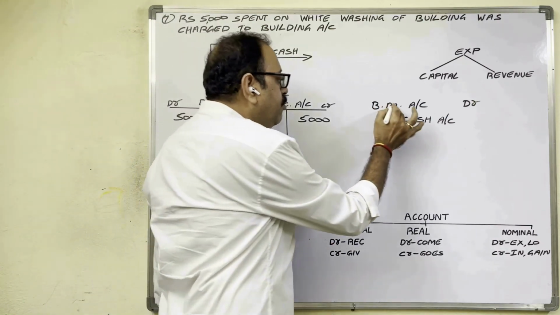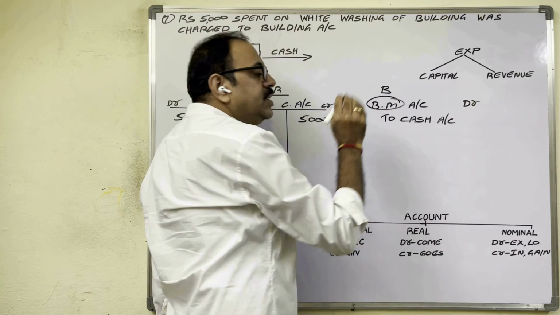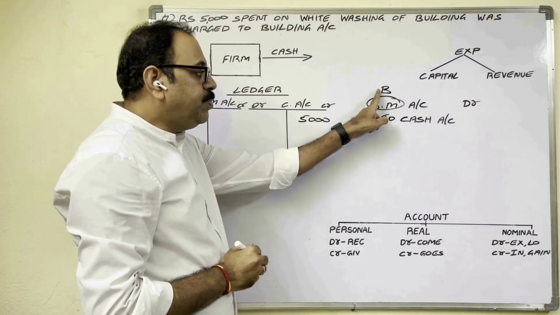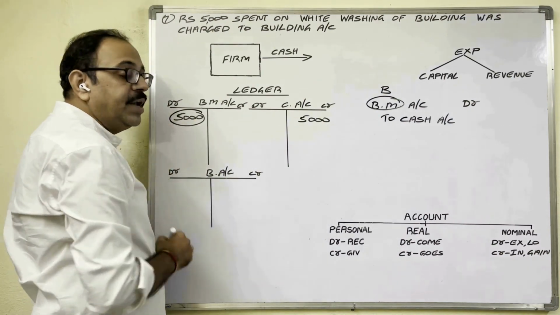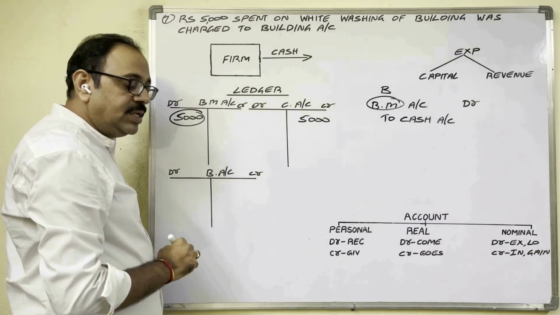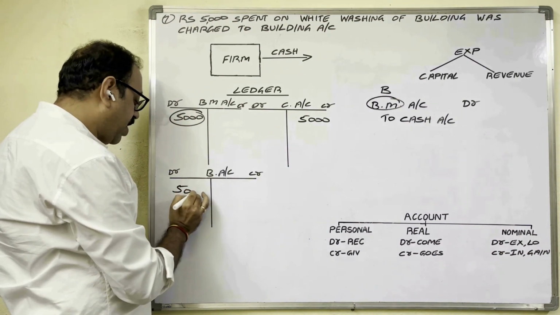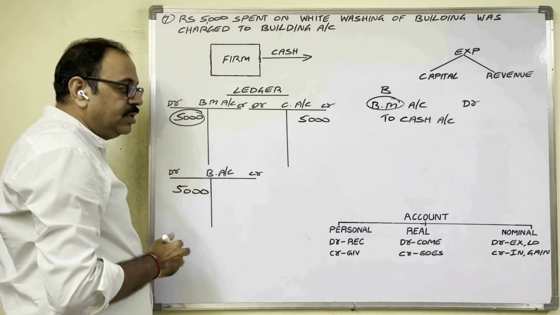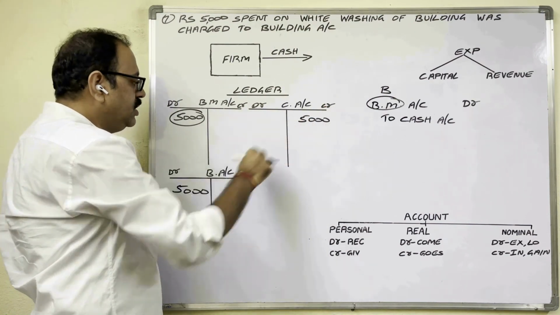Instead of debiting building maintenance account, the accountant debited building account. So as per this wrong entry, nothing was debited in building maintenance account, and unnecessarily this 5,000 rupees was debited in building account. In cash account, we posted on the proper side only, therefore don't touch this.